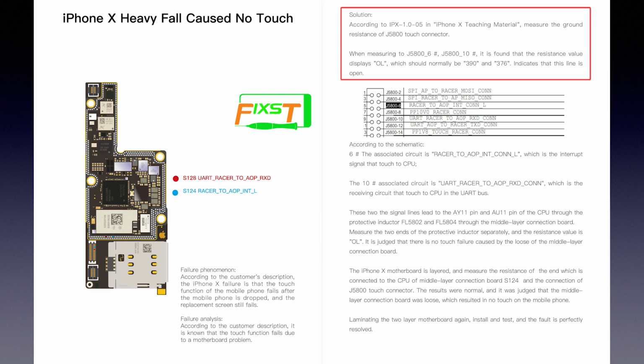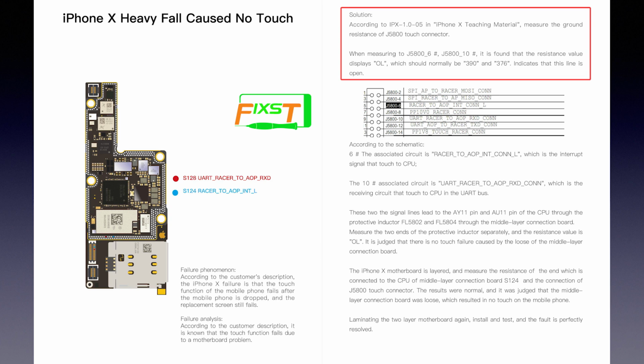Solution. According to iPhone X 1.0 version, page 5 in iPhone X testing material, measure the ground resistance of the J5800 touch connector. When measuring pin 6 and pin 10 of J5800, it is found that the resistance value displays OL, which should normally be 390 and 376.